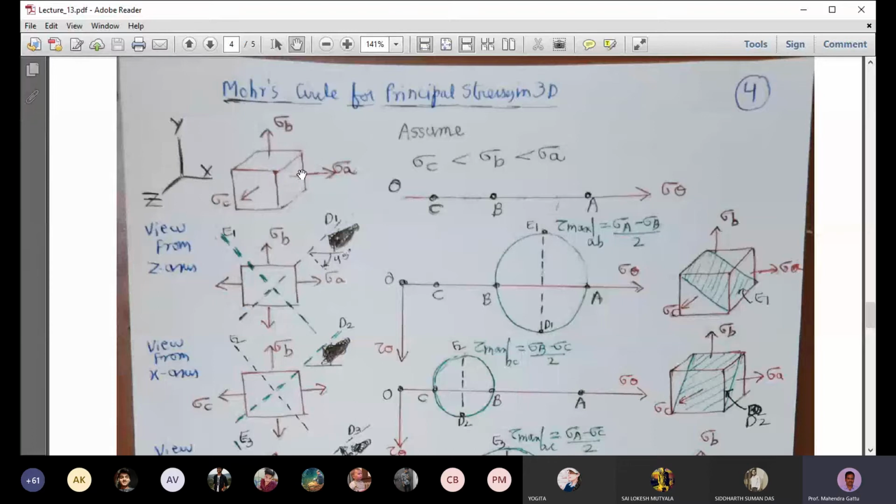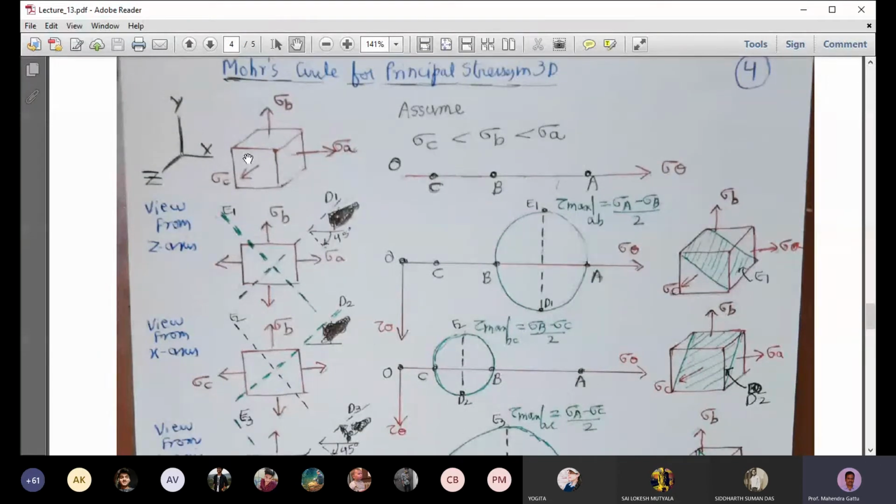Our stress element has sigma A, sigma B, and sigma C. For this problem, we will assume that sigma C is less than sigma B, which is less than sigma A. Because we want to draw the Mohr circle, we first draw the sigma-tau axis and identify the coordinates for those principal stresses. C represents sigma C comma 0, B represents sigma B comma 0, and A represents sigma A comma 0. Because this relation is satisfied, A is greater than B, which is greater than C.